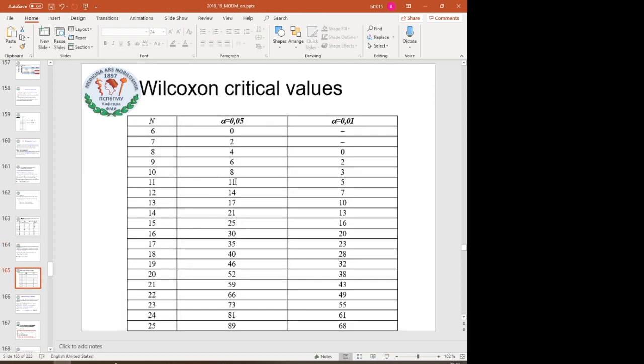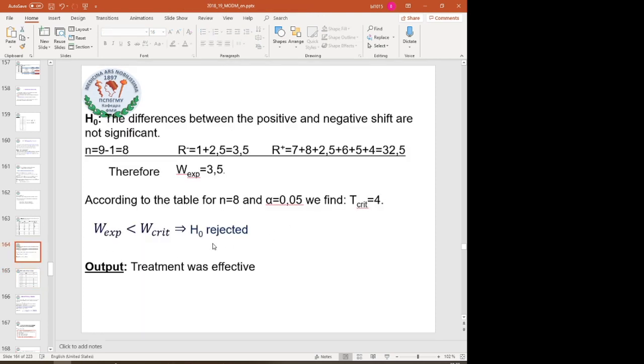Let's open the table for critical values, and our 8 patients give us a maximum critical value of 4, but we don't reach this maximum.